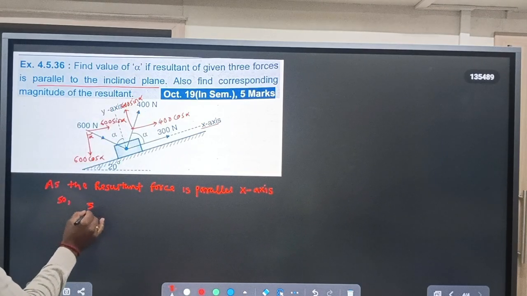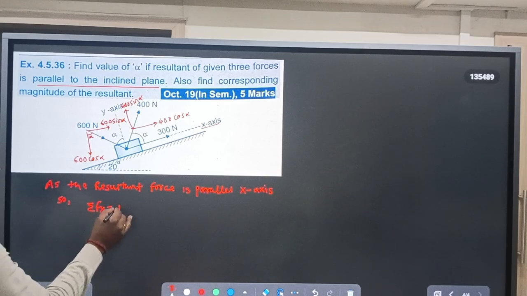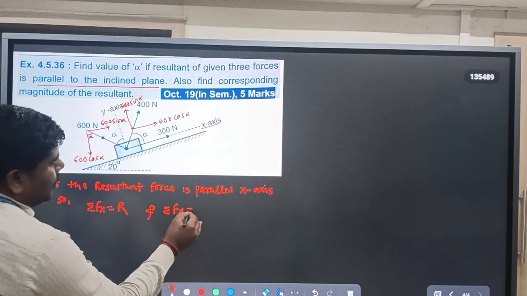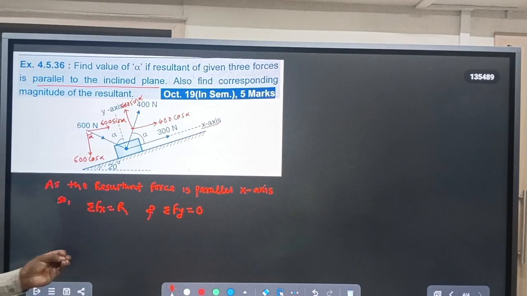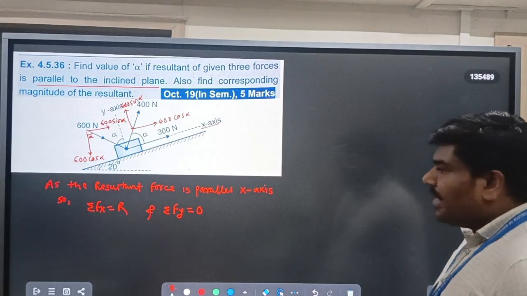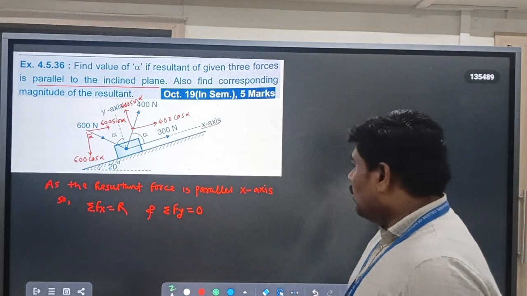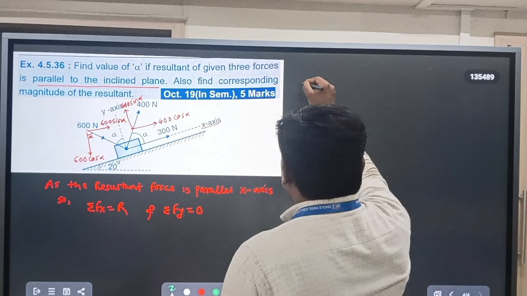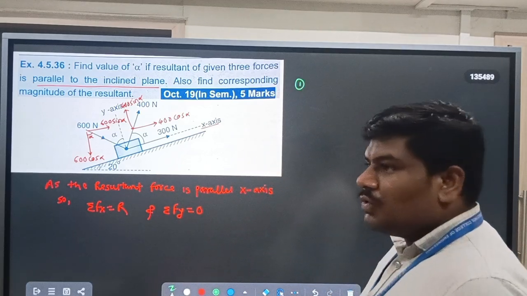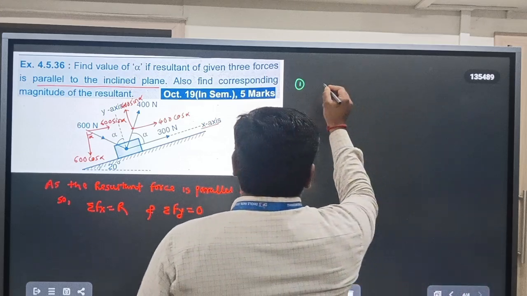So summation of F_x is equal to R, and summation of F_y is equal to 0, because the resultant force is completely moving along the x direction. Again our step number 1: summation of horizontal forces and summation of vertical forces.